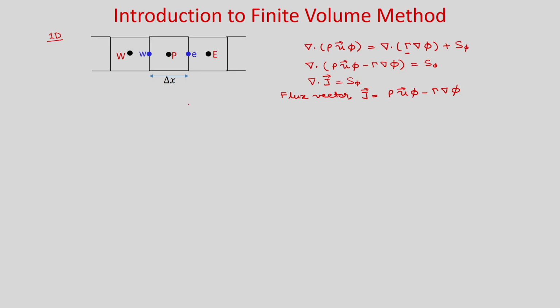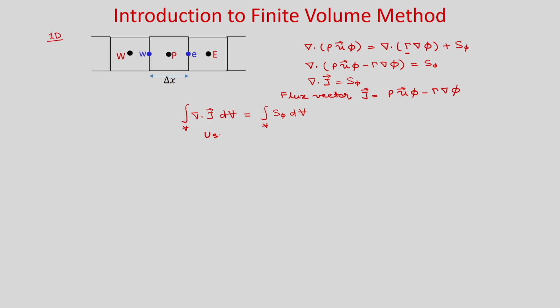Now, we need to integrate over this main control volume P. So, if you do that, it will be the volume integral of divergence of J dV is equal to the volume integral of S phi dV. Now, in the left hand side, we have the volume integral in divergence form. So, you can use the Gauss divergence theorem and convert it into a surface integral.